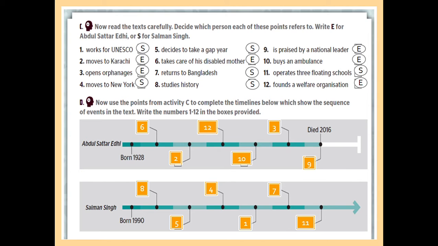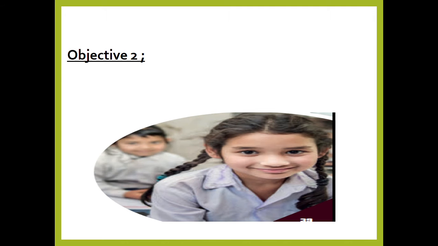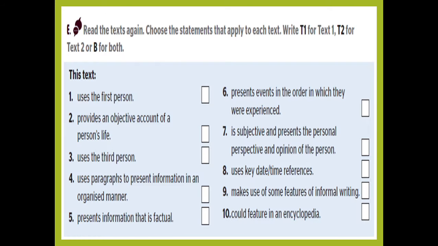Thank you very much, and now we will start with another objective, the second objective for our lesson today, to relate feature to text types. Read the text again. Choose the statement that applies to each text.